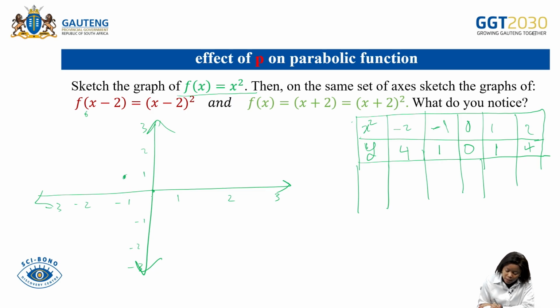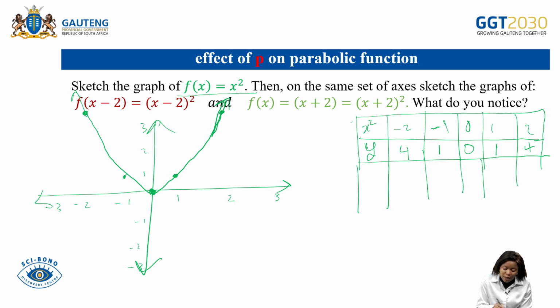It's going to be somewhere here. And when x is 0, y is 0. When x is 1, y is 1. Then when x is 2, y is 4. It's going to be somewhere up there, right? Okay. Then if I sketch this graph, it's going to have a shape that looks like that. This is the graph of f of x equals x squared.